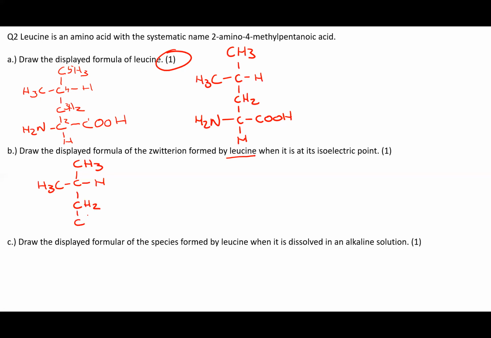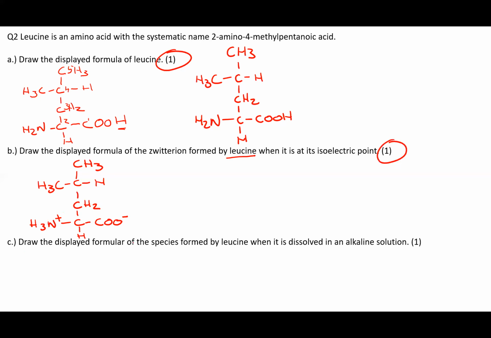This is where you're going to have those changes. It's all to do with your amino group and your carboxyl group. So your carboxyl group will be COO minus, and we've lost that hydrogen here. And your amino group would have an extra hydrogen, so it'd be H3N plus.